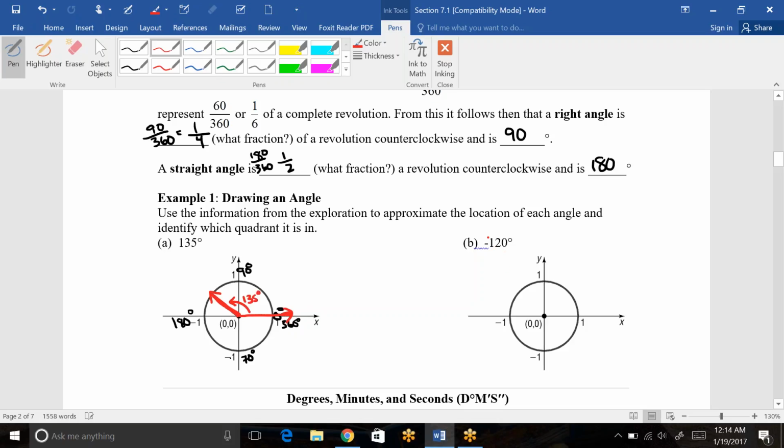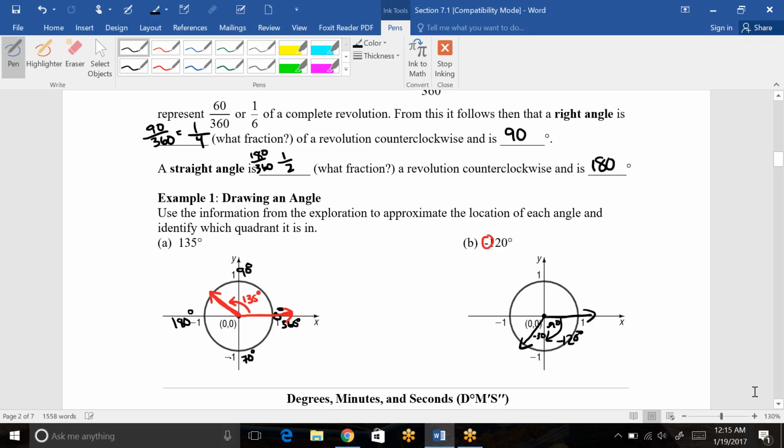Now this one, notice, has a negative in front of it, and it says we're going to go negative 120. Okay, so if you think about it, this would be negative 90 right here. So this is negative 90, and to get to negative 120, we need to do negative 30 more. So it's going to be somewhere around here. So this would be a total of negative 120 degrees.